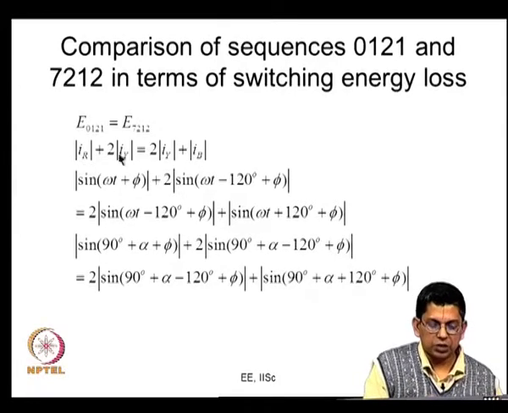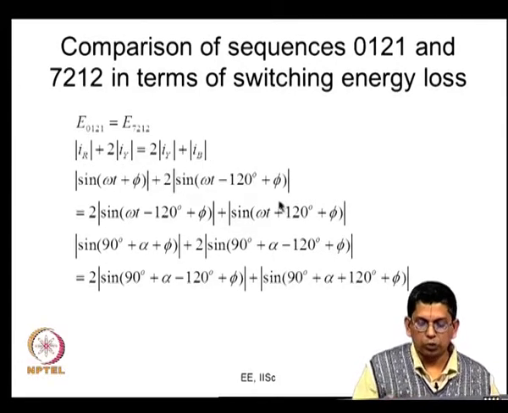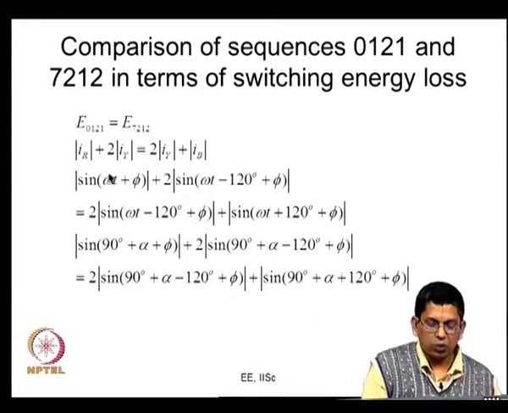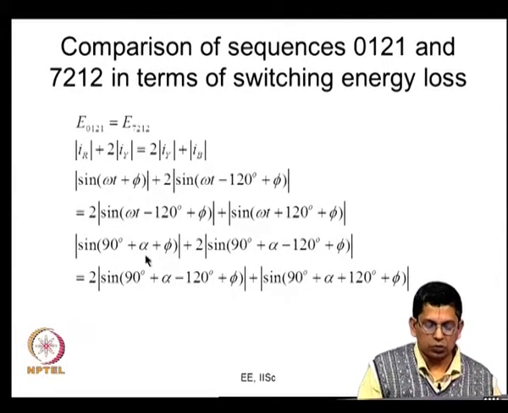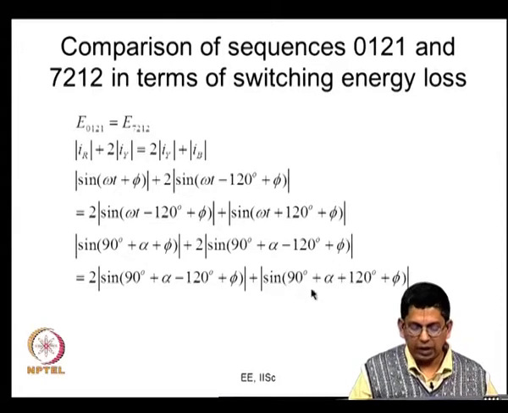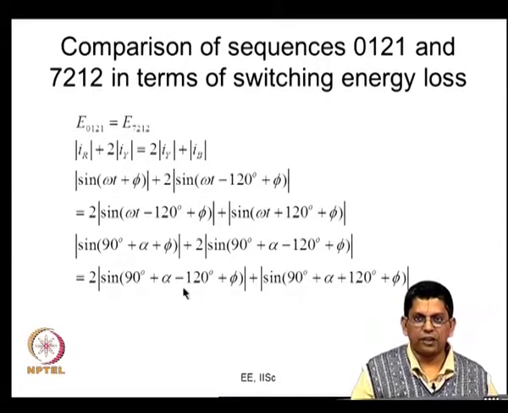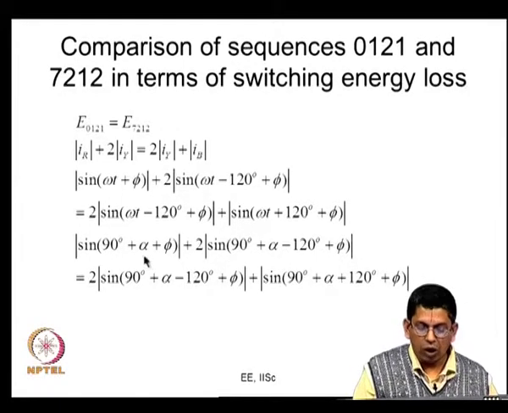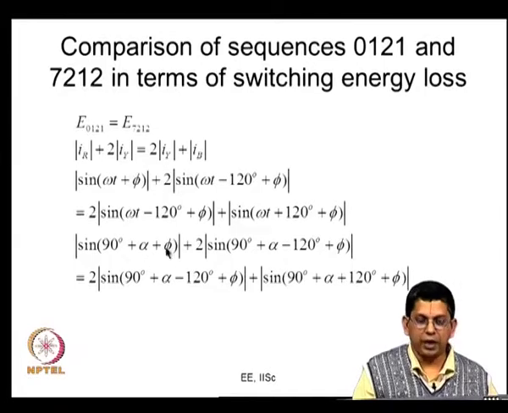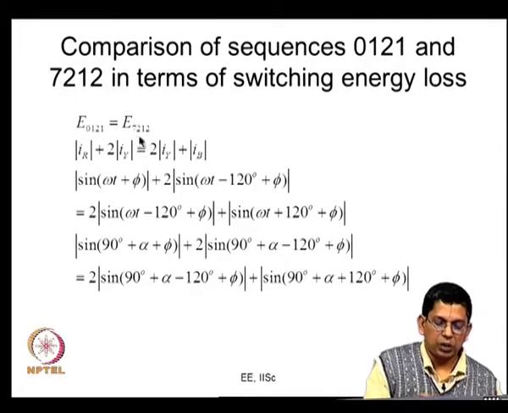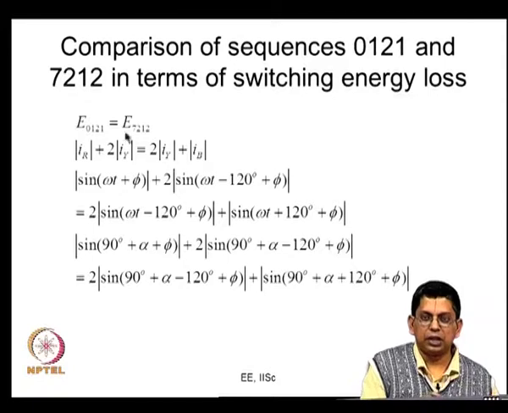So, you know the expressions for IR, IY and IB. You can put in those expressions, and we are looking at sector 1, therefore, omega t is equal to 90 plus alpha. You actually get an equation in terms of alpha and phi. There could be multiple solutions, please be careful about that. For a particular relationship between alpha and phi, you will have E 0 1 2 1 equal to E 7 2 1 2, their losses will be equal.